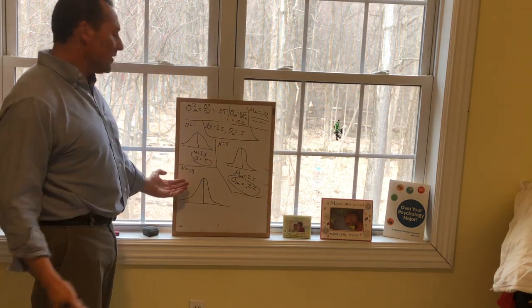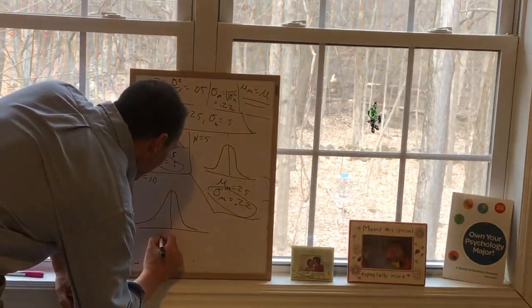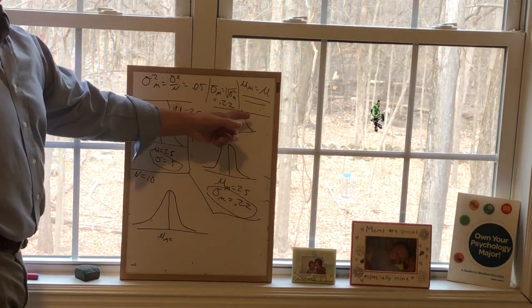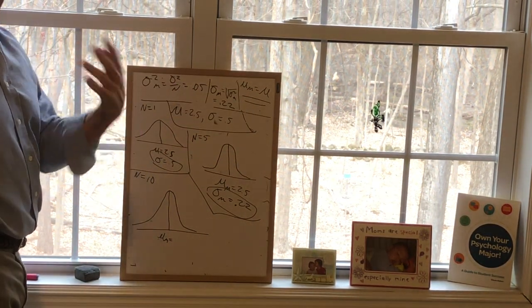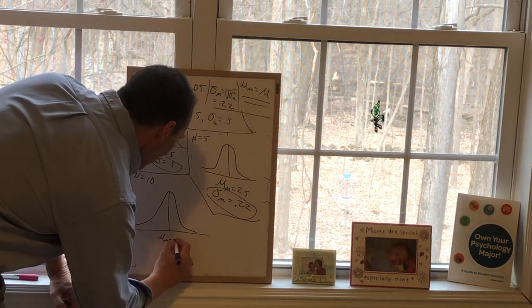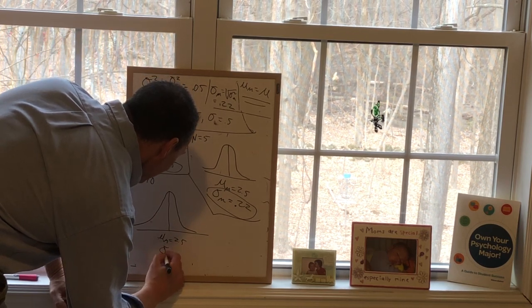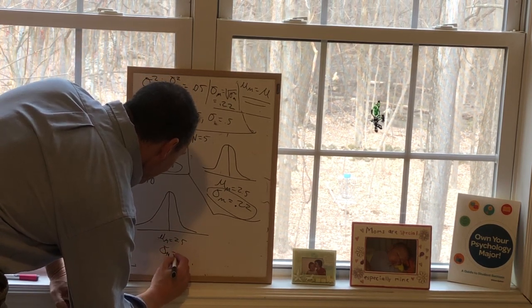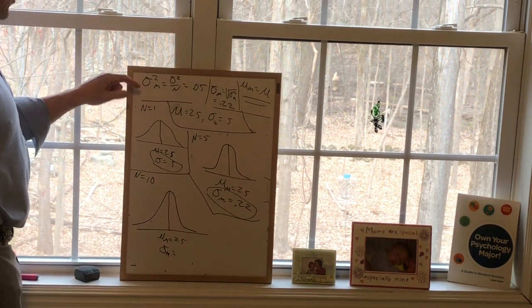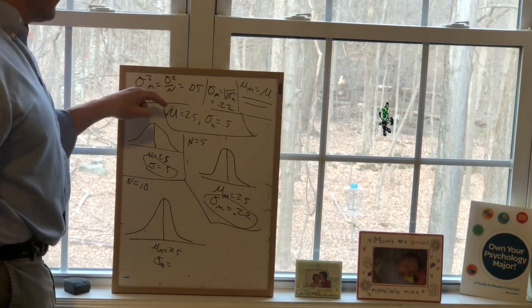So let's take a look at a distribution of means based on an n of 10. Okay, mu sub m, the mean of the distribution of means, always equals the mean of the population that it was drawn from. So that is going to equal 2.5. But sigma sub m is now going to be different. So here's the formula. First, we're going to do sigma square sub m, which is sigma square divided by n.